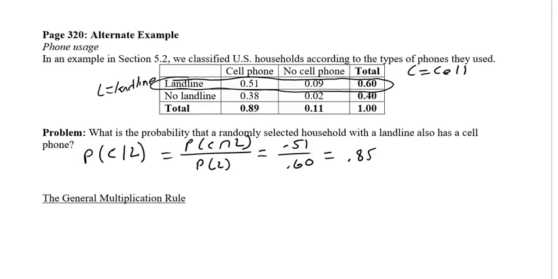All right, the general multiplication rule. We had the general addition rule in the last section, where we learned how to calculate the probability of A or B. The general multiplication rule is to calculate the probability of A and B, and it actually comes from the formula we just used.